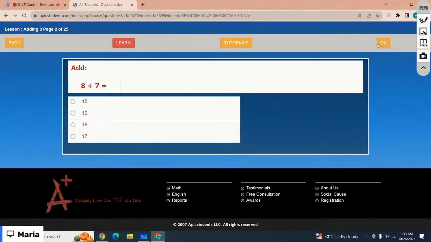Okay, the next one is 8 plus 7. So 8 plus 7 equals, very good. That is 15. 8 plus 7 makes 15.